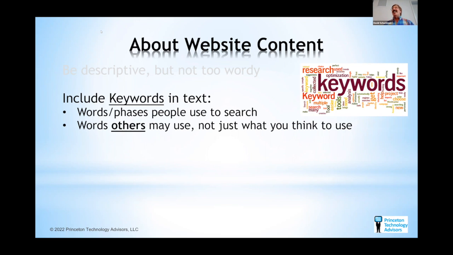Of course, if you're writing nonfiction about someone, you could put those people's names because they may be a famous person. But if you're writing fiction, or even fiction on a nonfiction event, but all new characters, you could put the characters' names, but you can't count on that because people are not going to be looking for that. You have to use the words that other people are going to use to find you.